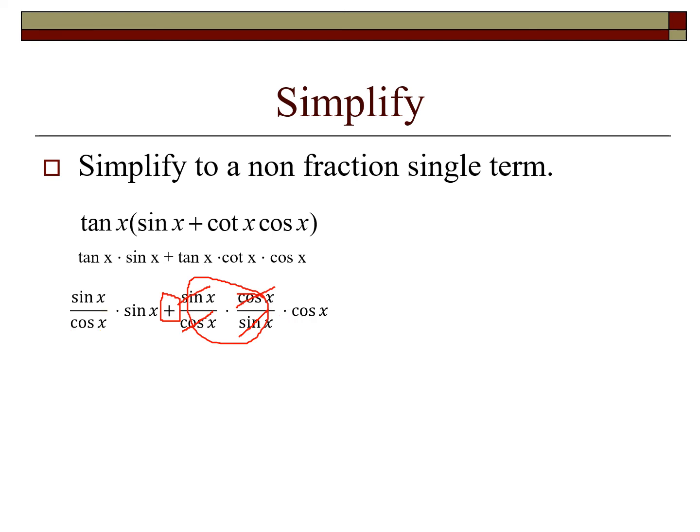All right, once we've canceled some stuff out, we can go ahead and simplify. Notice that you have these two together, so you can write these two as sine squared, because sine x times sine x is sine squared x. And then everything else is cosine there, and this cosine is there.